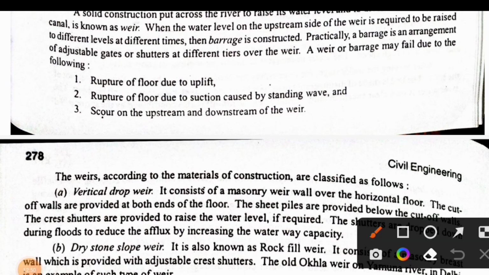A weir or barrage may fail due to rupture of floor due to uplift, rupture of floor due to suction caused by standing wave, scour on the upstream and downstream of weir.